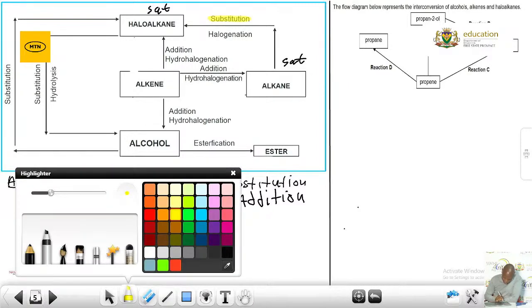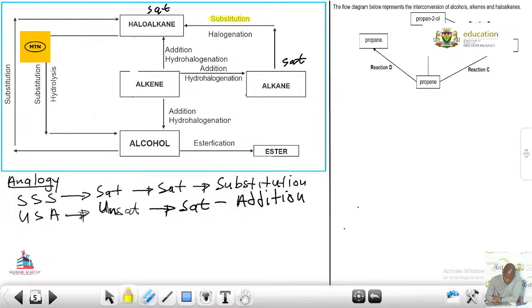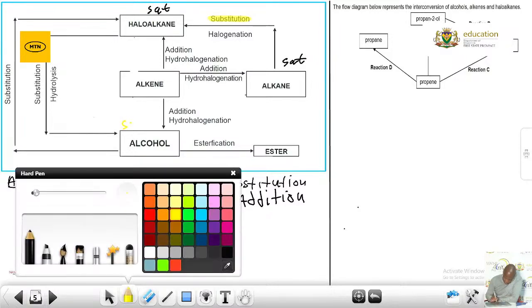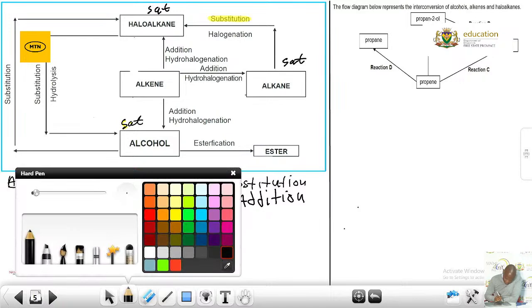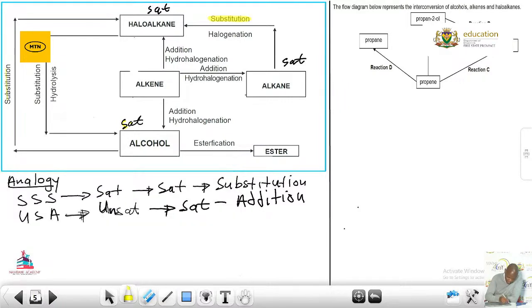When I look at an alcohol moving into a haloalkane, it is saturated moving to saturated, so definitely this reaction should be a substitution reaction.